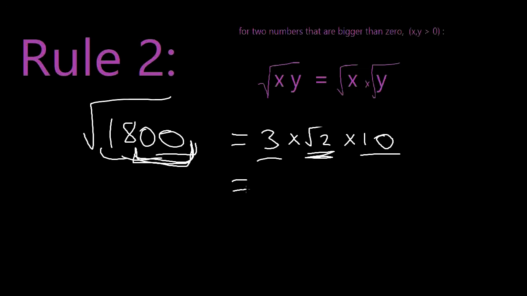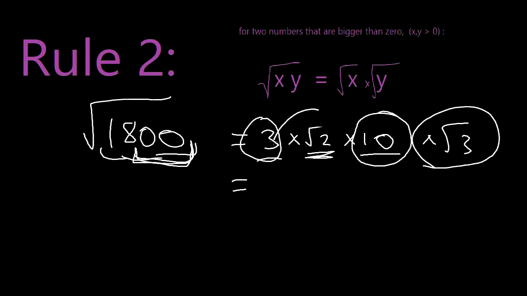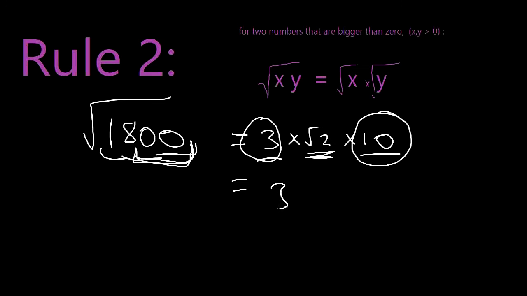Then what we're going to do is group together our whole numbers and any different surds that we have. So if we had, let's just say, a times root 3 here, these two we would group together as well. So let's get rid of that for now. We don't need that. So in this case, we can go 3 times 10, group that together, and then our root 2.